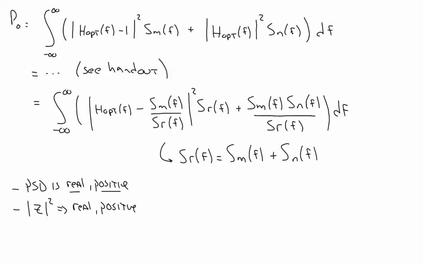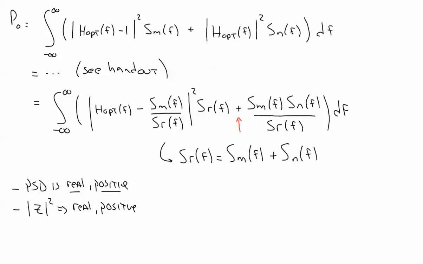You'll also notice this plus sign right there. So my integrand in the integral in the middle of the page here involves two terms, both of which are real and positive and added together. The integrand of the integral here in the middle of the page is real and positive.